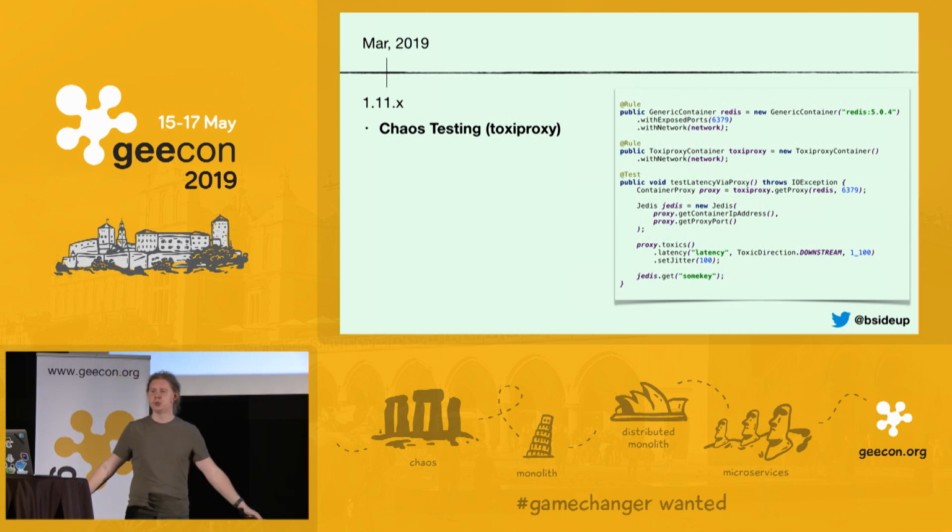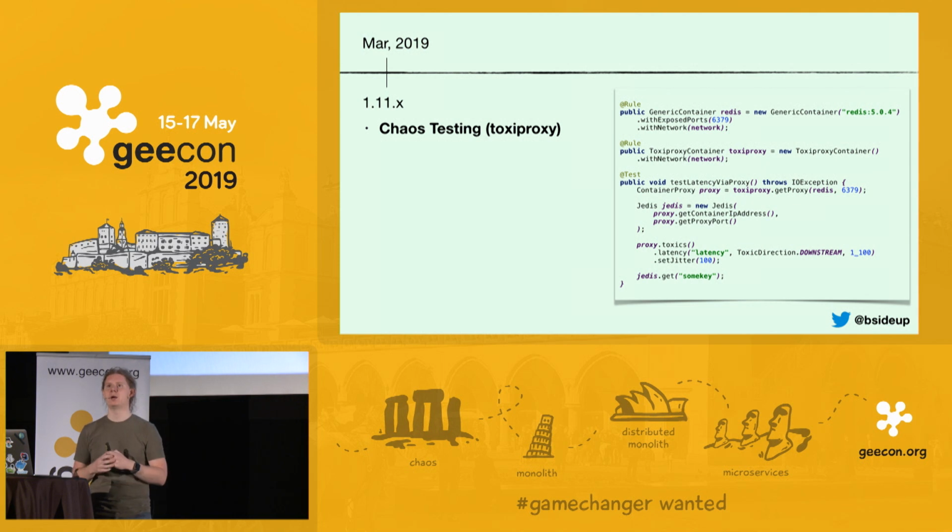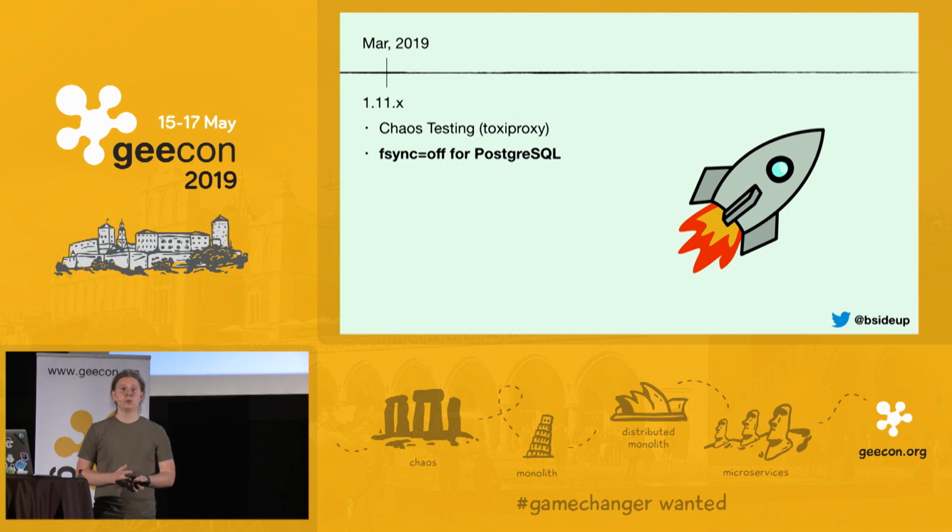A game changer for testing, and hotels.com did an article how they were using test containers for doing chaos testing, and there is also Apache Bookkeeper and Apache Pulsar communities. They have built their internal chaos testing tool suite on top of test containers, and they can run it on their machines easily.